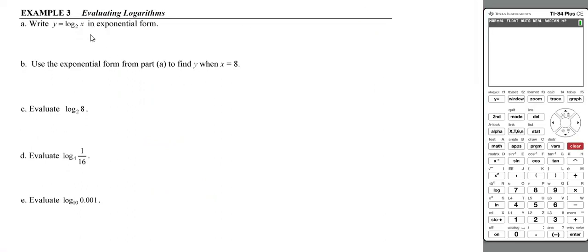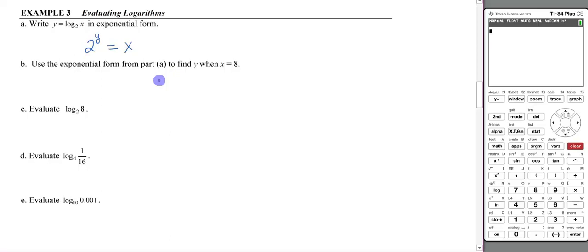In example 3, we're evaluating logarithms. So first, write y equals log base 2 of x in exponential form. In exponential form, we have the base, the log is an exponent, 2 to the y equals x, the argument of the log.